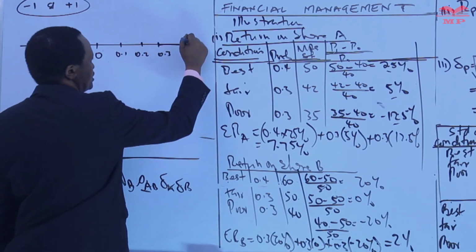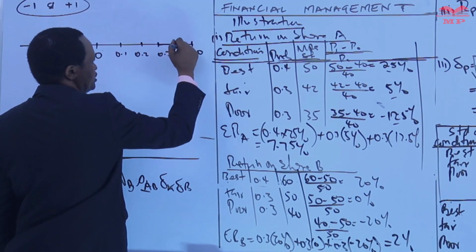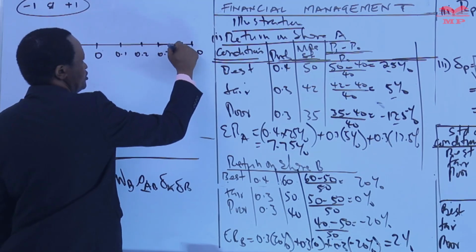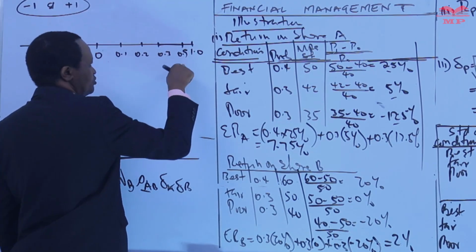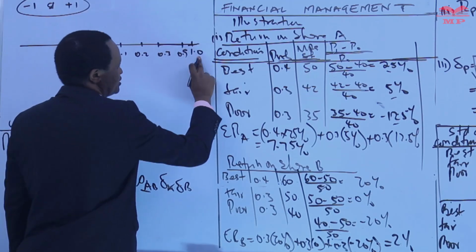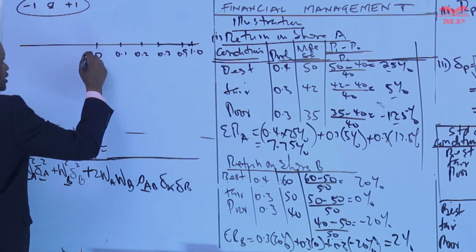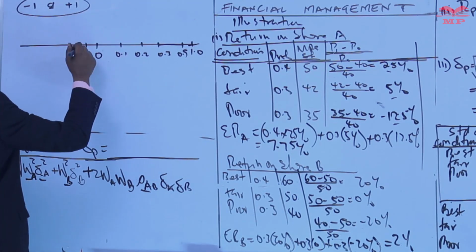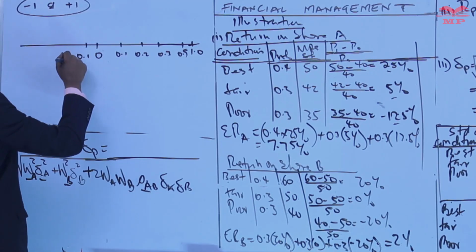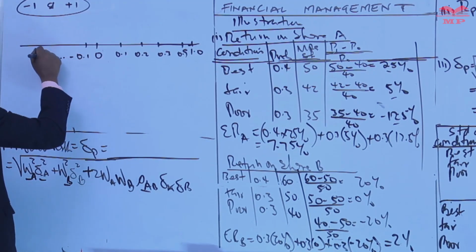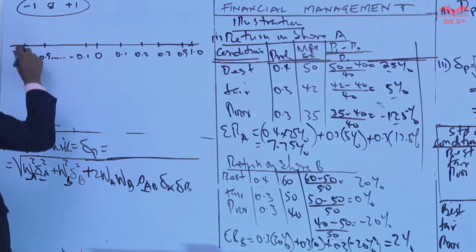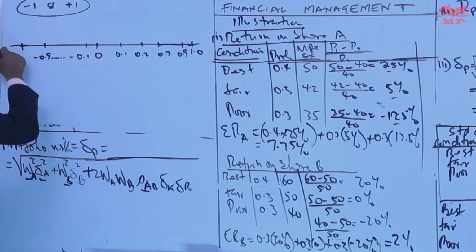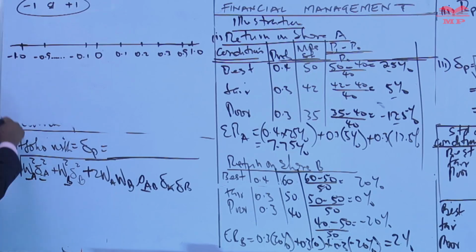That will go on up to 1.0. We have here 0.4, 0.5, 0.6, 0.7, 0.8, 0.9, then 1. Then if you go on the negative side, still you have -0.1. So this will go on up to -0.9. Then after -0.9, you will have -1.0.